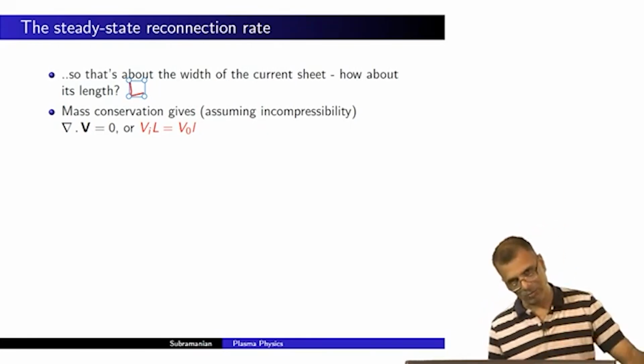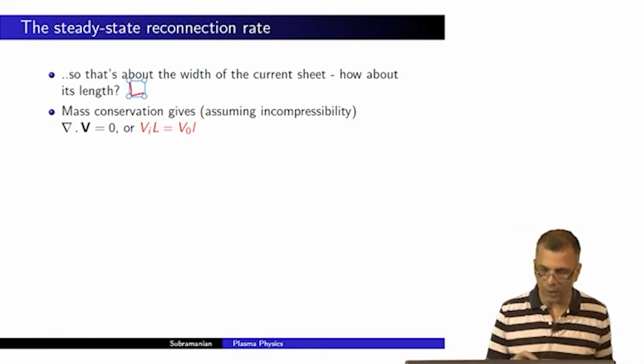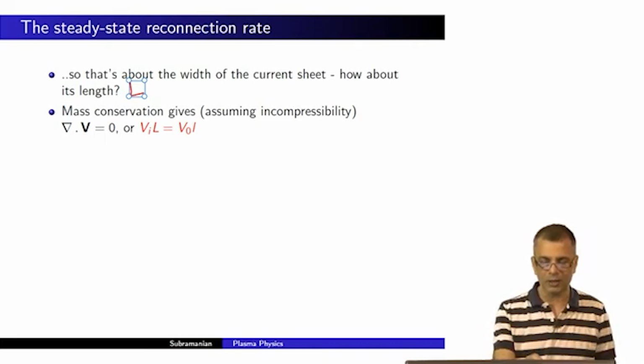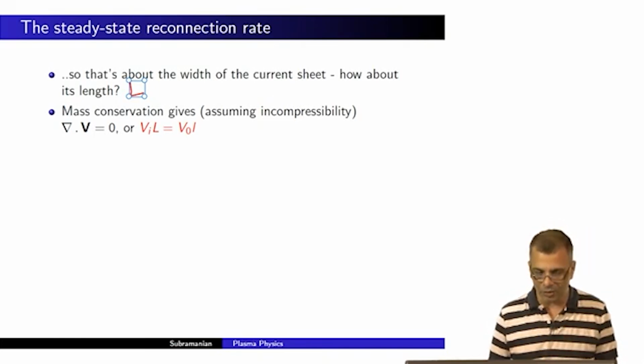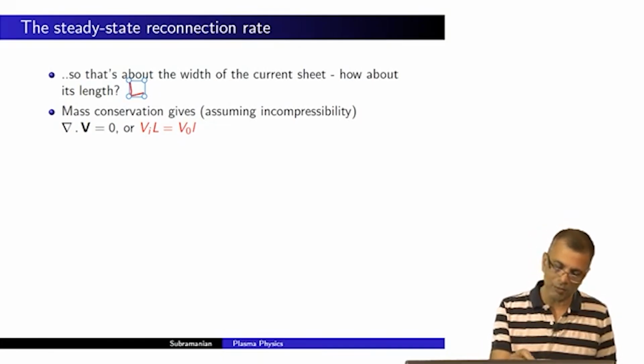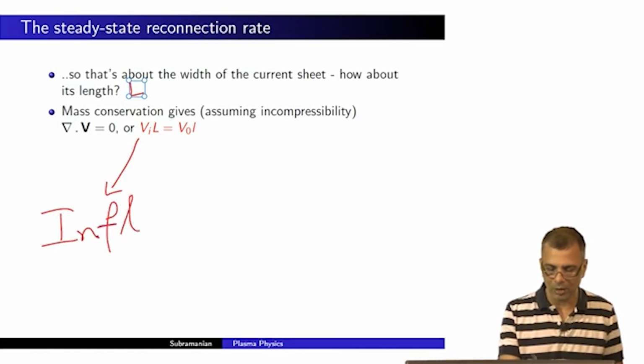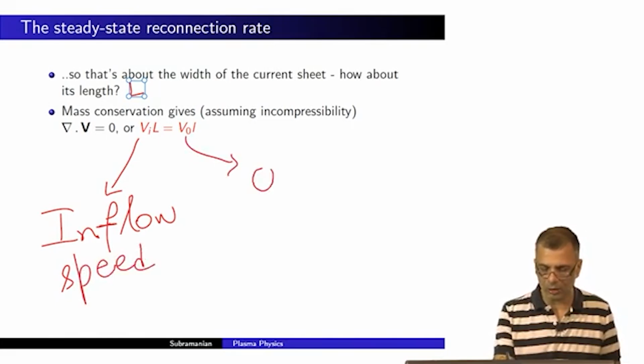So we know the incompressible condition is given by divergence of V equals 0. This is equivalently expressed as Vi times large L is equal to V naught times small l, where Vi is the inflow speed and V naught is the outflow speed.